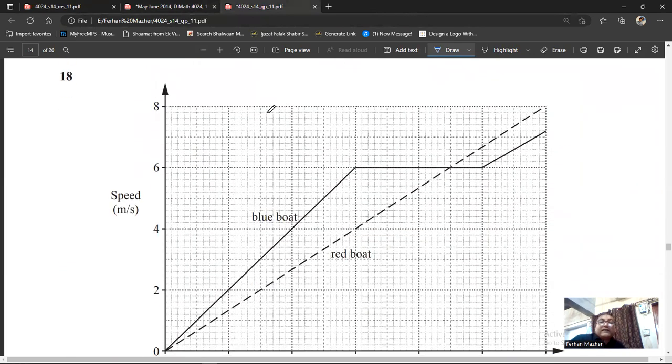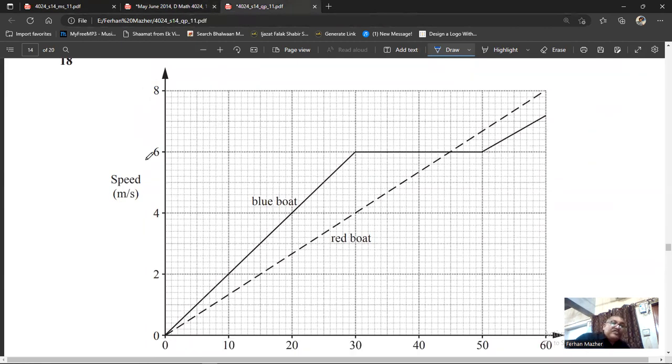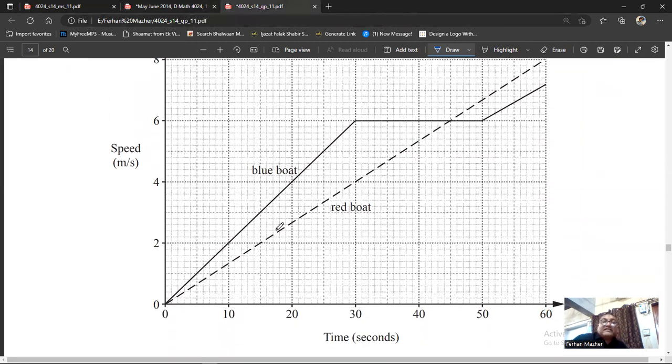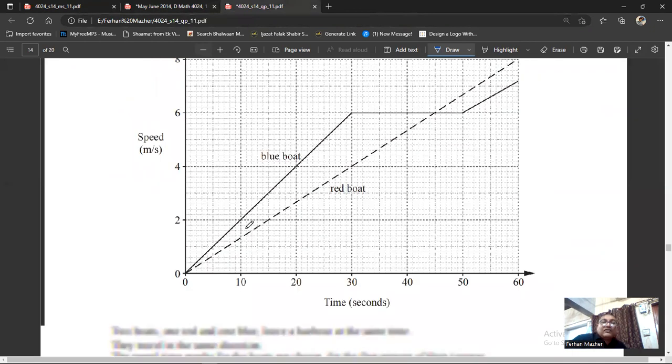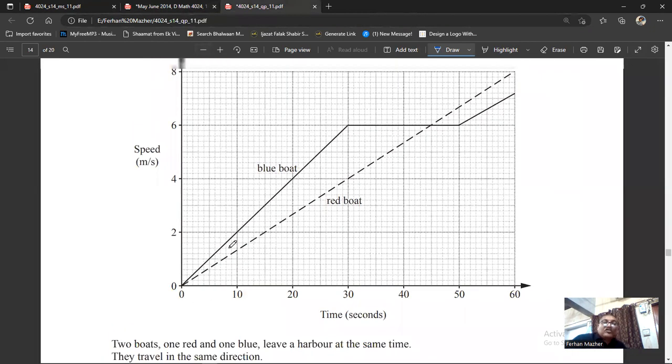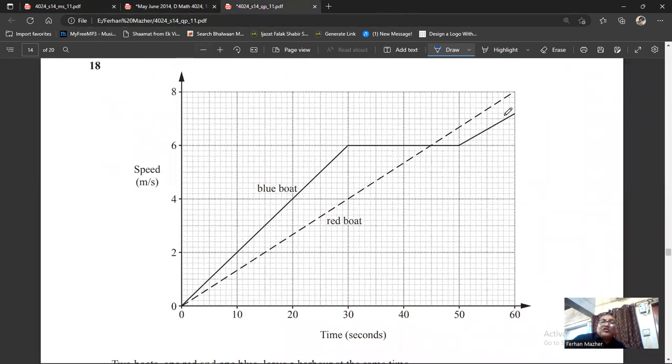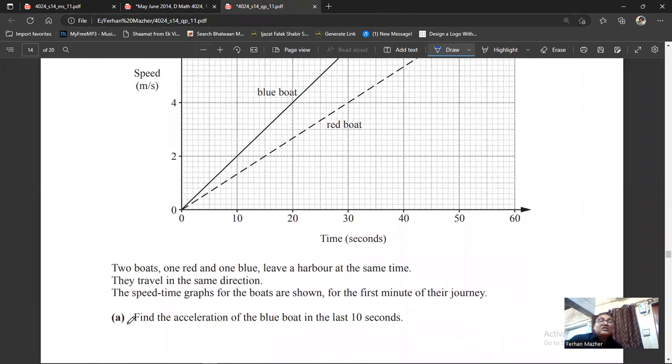It's a speed time graph, and here the speed is in meter per second. Here the time is in seconds, and you see this continuous line represents the blue boat, and this dotted line represents the red boat. So two boats, one red and one blue.